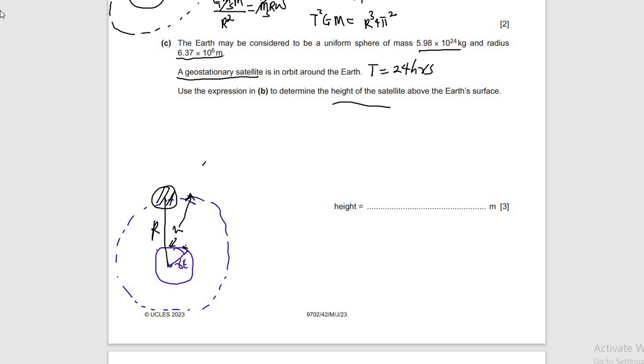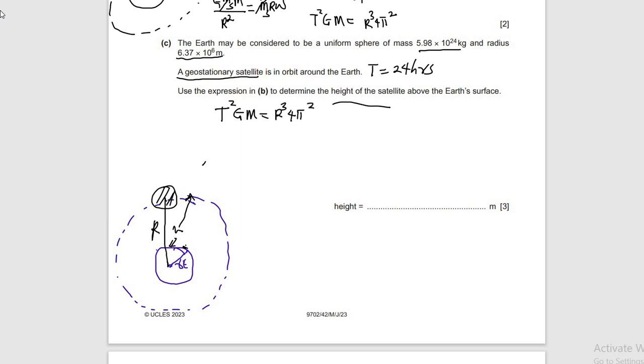We are given the mass of the satellite, and the radius is 6.37 times 10 to the power 7. From the previous relationship, we have already proven the relationship between them to be this.